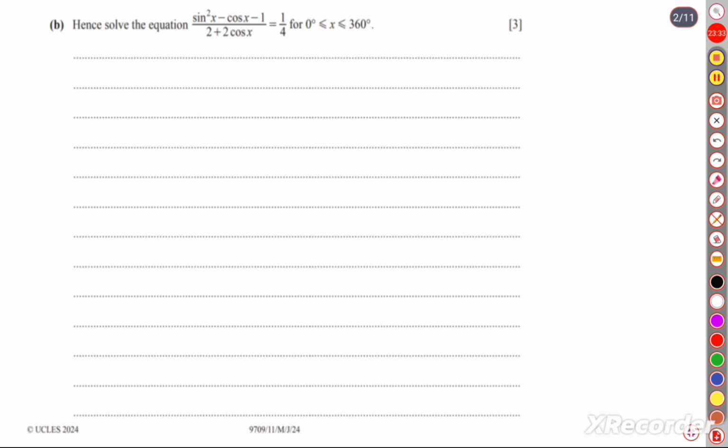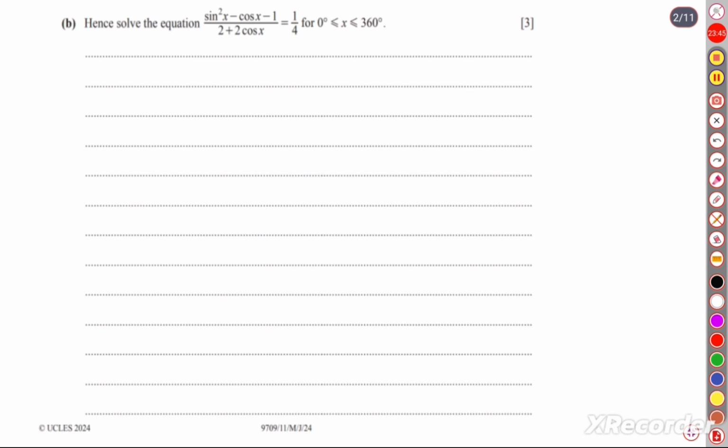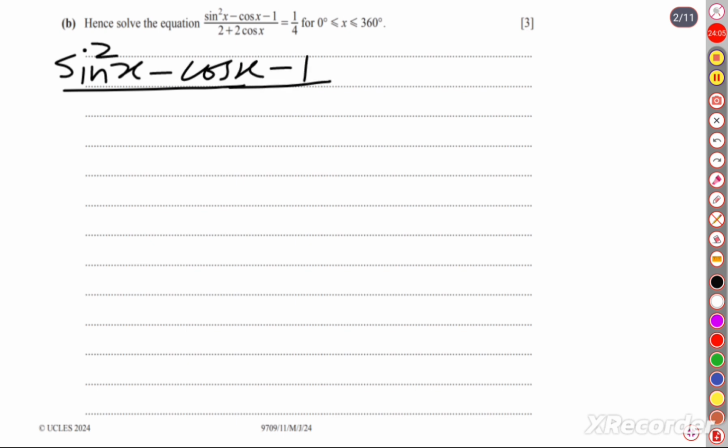B says, hence, solve the equation (sin²x − cos x − 1)/(2 + 2cos x) = 1/4. So let's write the question first. The question is sin²x − cos x − 1 over 2 plus, in the denominator we can take 2 as common.